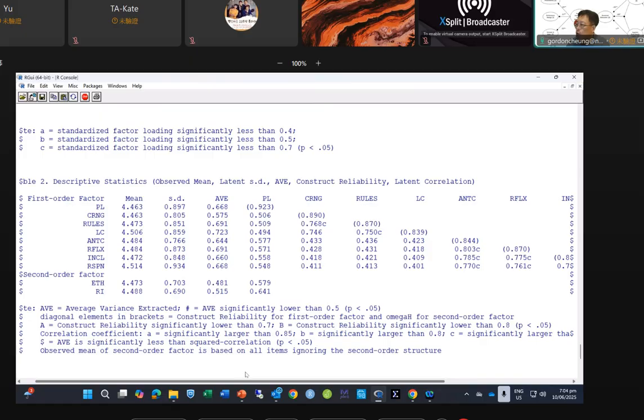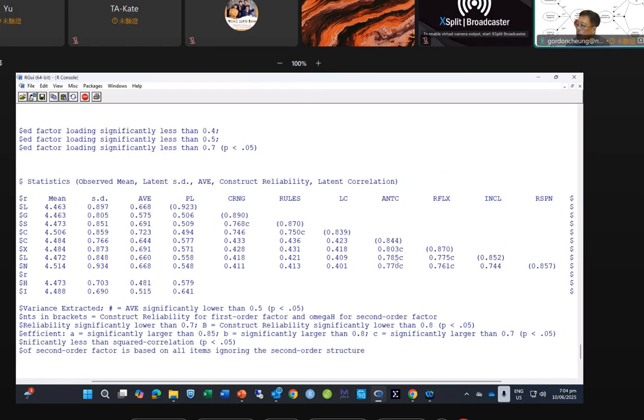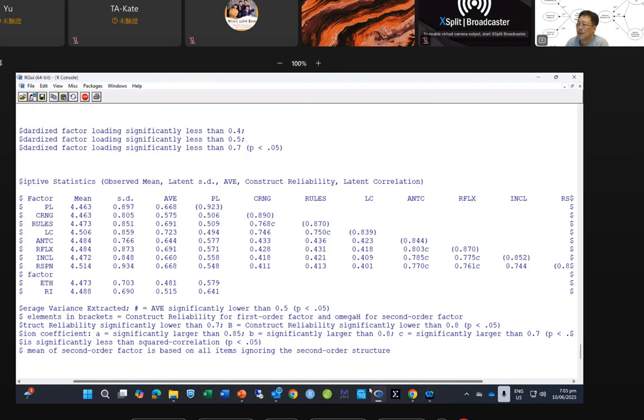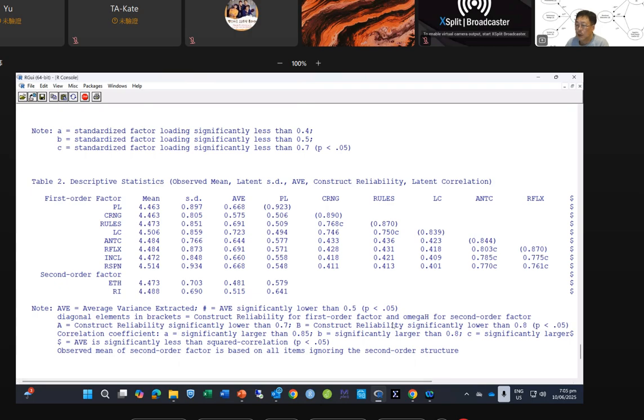So although this shows that we have discriminant validity issues, in fact they are the dimensions of a second order factor, so we don't really worry because they are like the indicators of the second order factor. We want them to be highly correlated, otherwise they cannot show a second order factor. Okay?